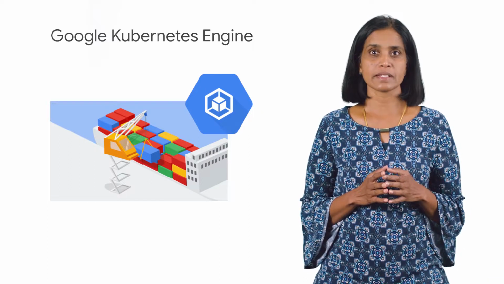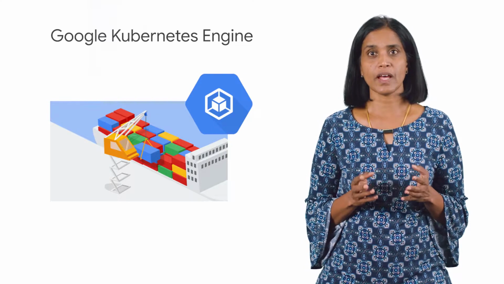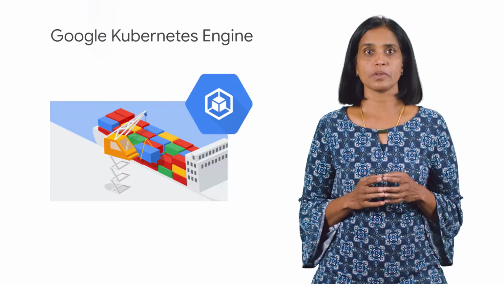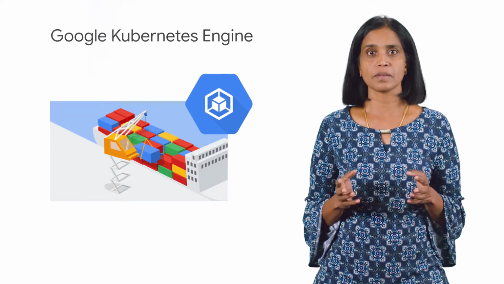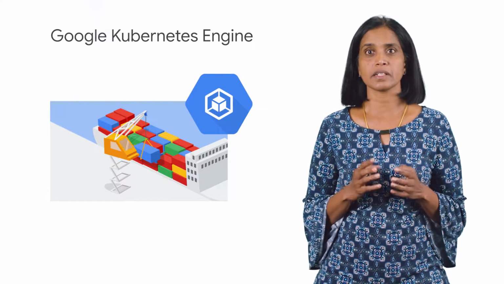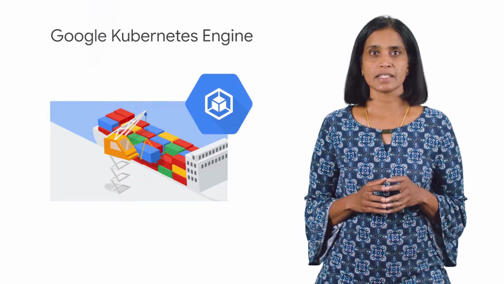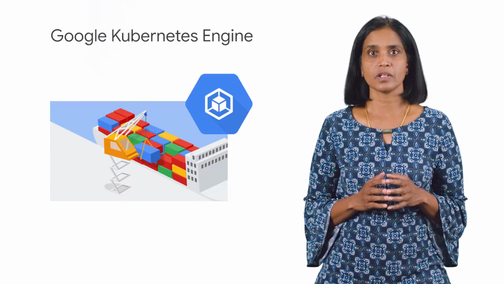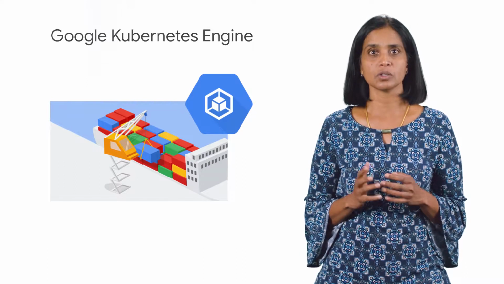It brings Google's latest innovations in developer productivity, resource efficiency, automated operations, and open source flexibility to accelerate time to market. GKE is a powerful cluster manager and orchestration system for running Docker containers in Google Cloud.